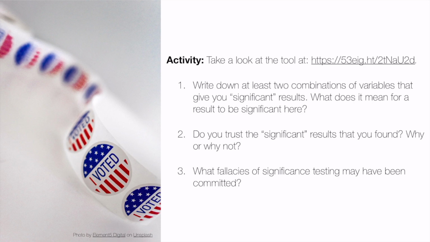You're allowed to change lots of different variables on the x-axis and the y-axis of a regression. You'll see that all of those changes are researcher degrees of freedom that could make the difference between a significant result, a small p-value, or an insignificant result, a high p-value. So I encourage you to try to answer these questions here using that tool, and we'll talk about it at a future lesson.